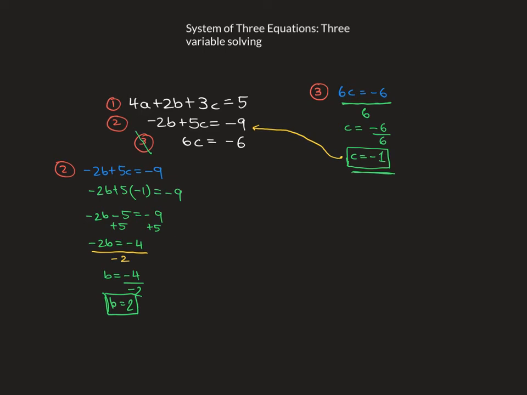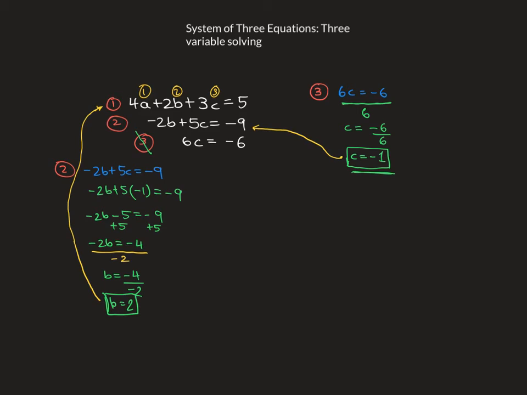Now that we have two of the three variables that we need, we can plug them back into our first equation. Because this first equation has 3 variables, and if we have 2 of the variables, we will be able to solve.